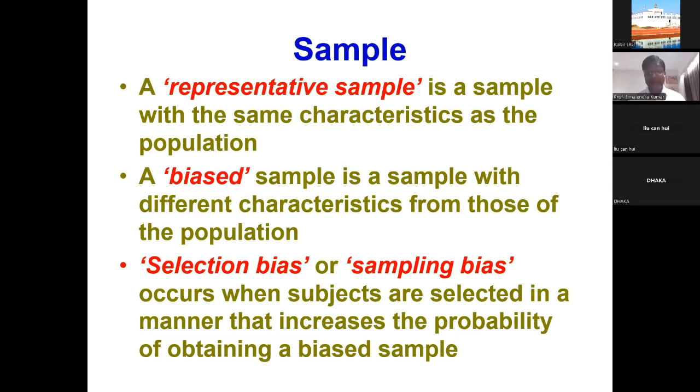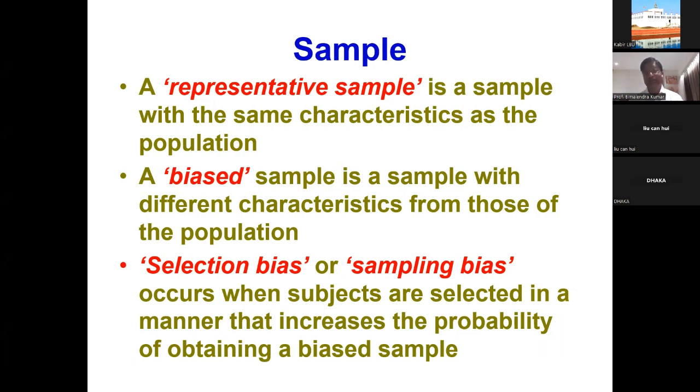Next is a biased sample, which is a sample with different characteristics from those of the population. Biased means a research scholar has already taken some hypotheses related to the objective of the research, and this type of sampling is called a biased sample, with different characteristics from those of the population.